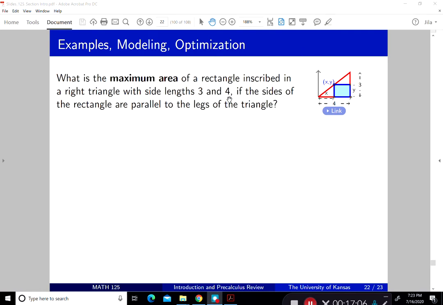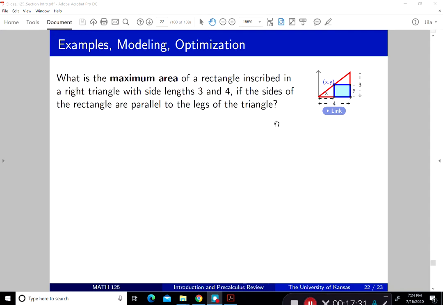Let's see what I mean. Here we're maximizing area. Maximizing area is this length times this length, and there are two different lengths, therefore the function we're optimizing is a function of two different variables.